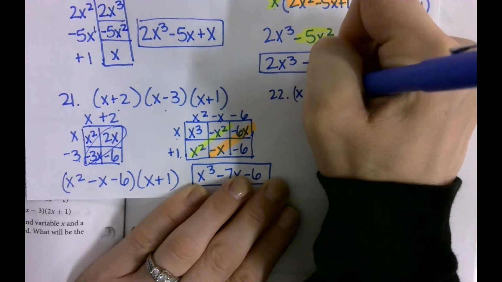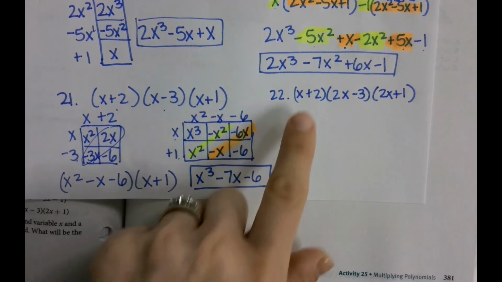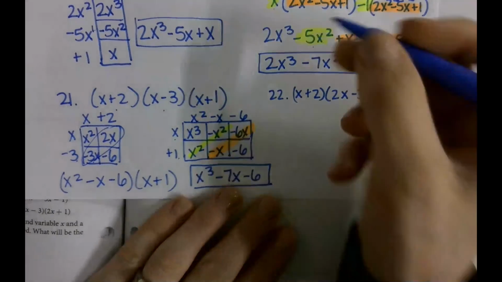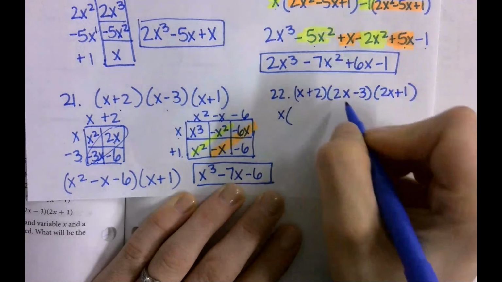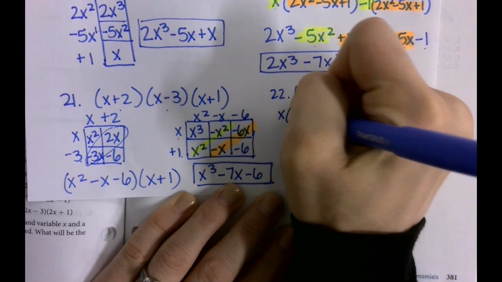For 22, let's do it using distributive property. x plus 2 times x minus 3 times x plus 1. Again, I'm just going to look at these first two. So I'm going to take that first term, x, and multiply it by the second binomial, x minus 3.